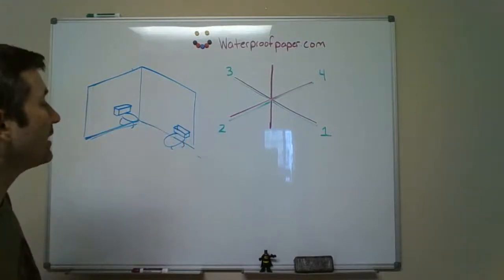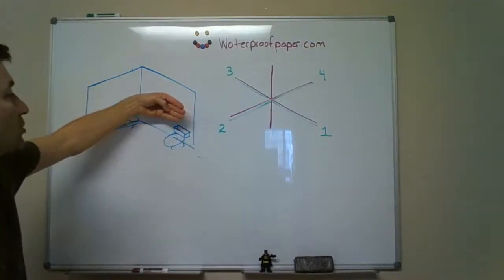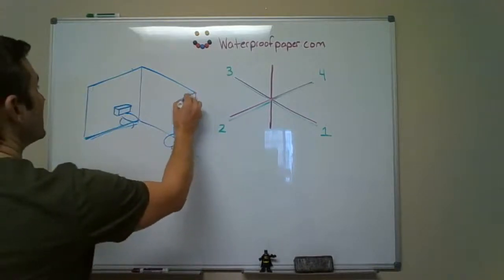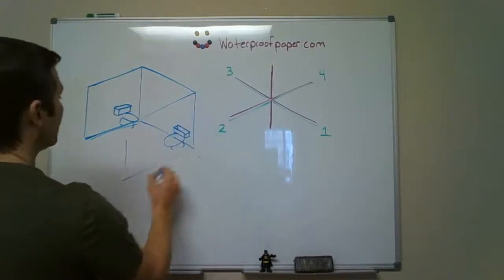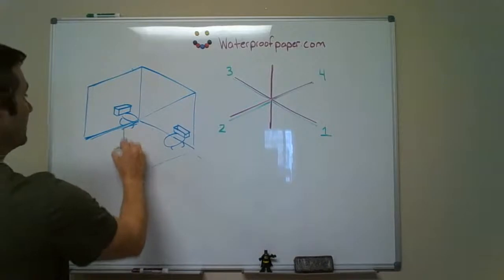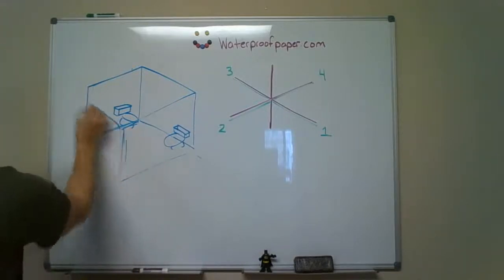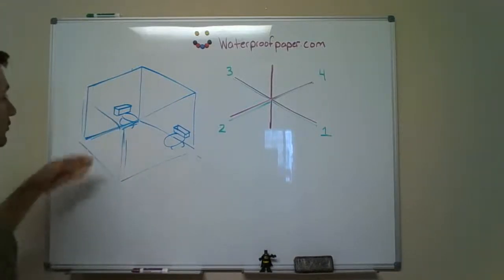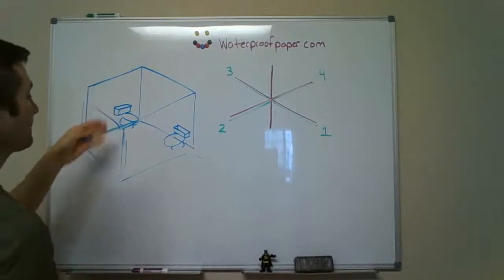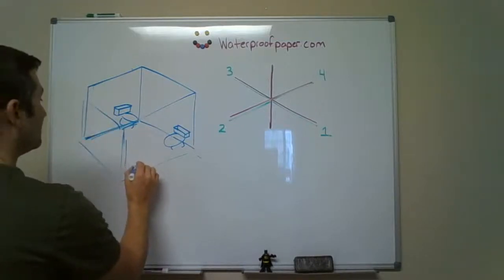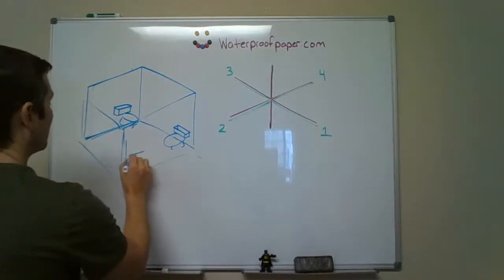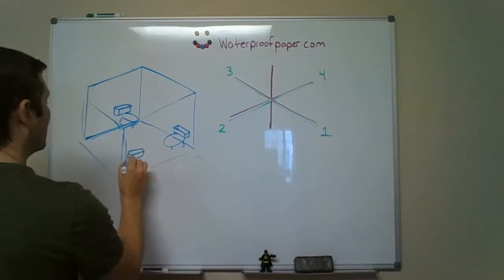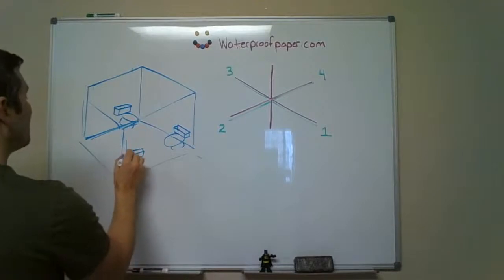Now you also have 2 back angles. Pretend you took this wall and rotated it to where it was over here now. It's almost like creating the other 2 walls of the room. Looking at it from here, you're now just seeing the back of the toilet.